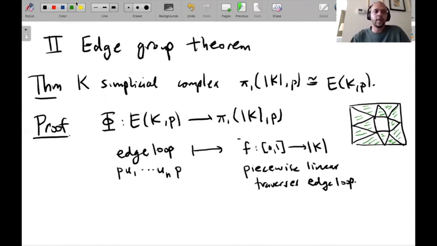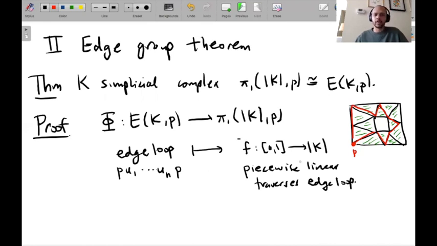And well, okay, I'm just saying that if you have a loop, or a sequence of edges like this, this is an edge loop. You can parameterize this as a path. Just do it in a linear way. It doesn't really matter how you parameterize it, but that's a straightforward thing you can do.